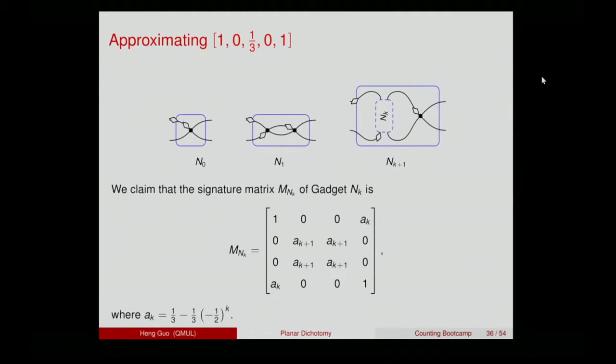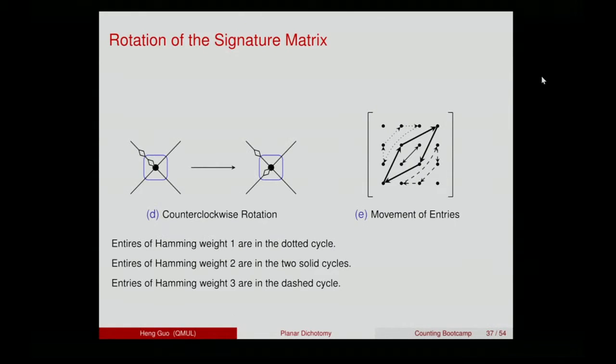So we claim that the matrix of this gadget is something like this, where A sub k is a third minus some exponentially small error, and what we want is a third for all these 6 entries. So this is a very good approximation. And what do we really do when we do the rotation?